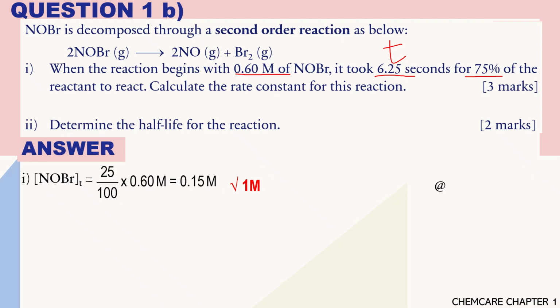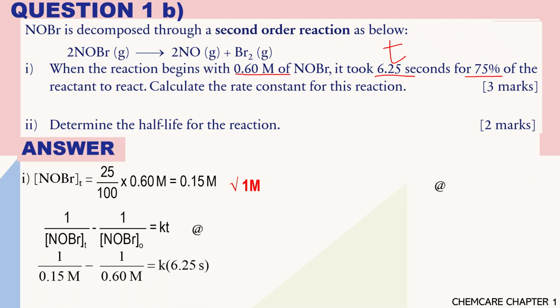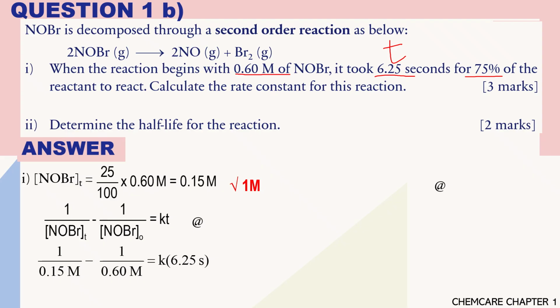And then we have to apply the integrated rate equation for the second order reaction. Okay, so the integrated rate equation is 1 over NOBr at time t minus 1 over NOBr naught equals to kt. We use the integrated rate equation here because it relates two different concentrations at initial and at the time t, and then it can help us to find the rate constant k.